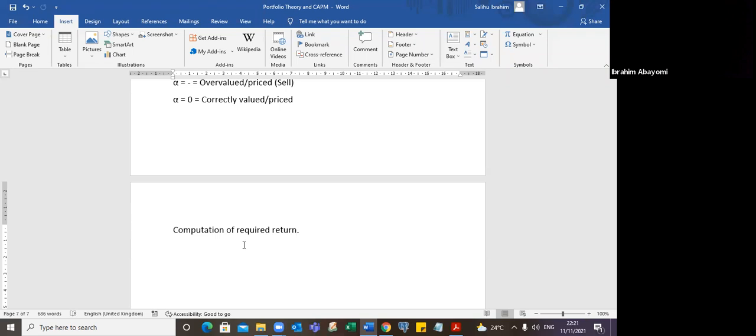When we say required return, we use the capital asset pricing model, CAPM, to compute what? Use CAPM to compute required return.